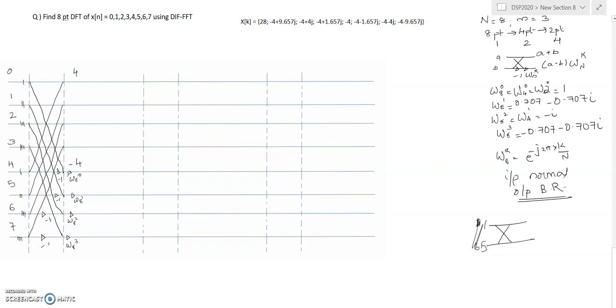Note that we are presently solving the second butterfly, where we have the inputs as 1 and 5, and we have the twiddle factor as W_8^1, and we have the minus 1 factor. So this will be 1 plus 5 equal to 6, and this will be minus 4 into W_8^1, which is 0.707 minus 0.707j.